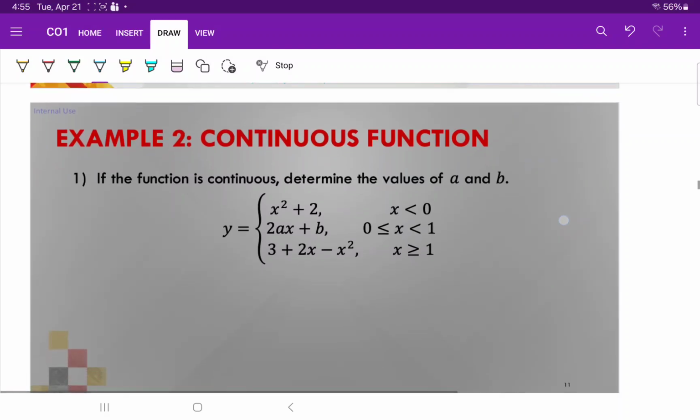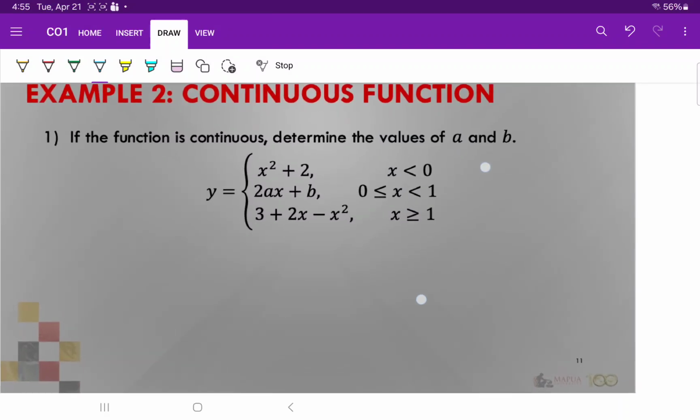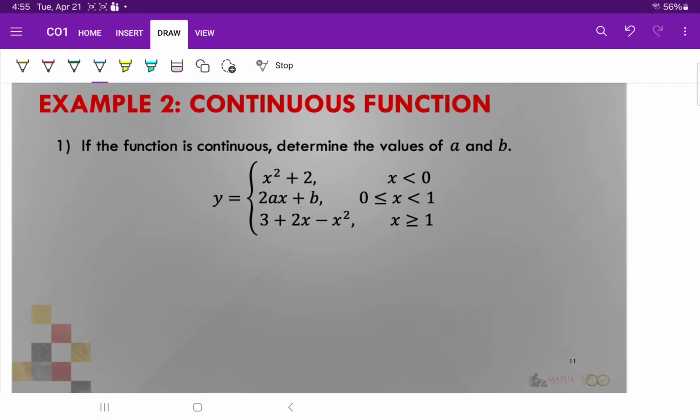Now let's go over the next example. Now the next example gives us, this again is a piecewise defined function. Now, again we have here how many rules of association? We have 3.